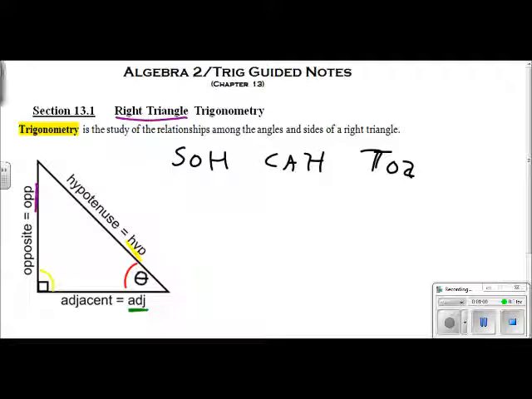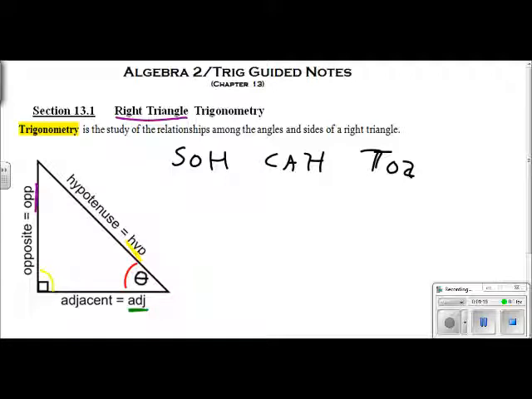Let's say that theta was over here and not this one, then over here would be opposite, and over here would be adjacent. So it all just depends on where your angle theta is that you are looking from.